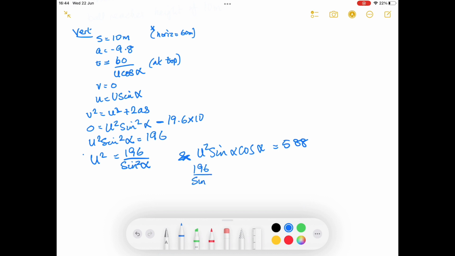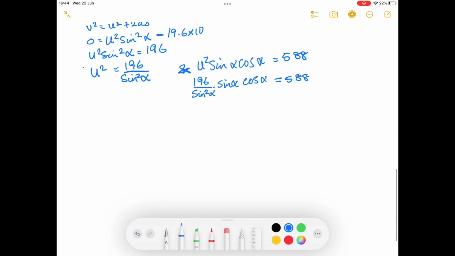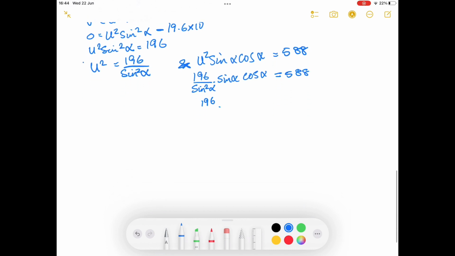So you plug in 196 over sine squared alpha for u squared, and you can see there are some things you can cancel out. So let's cancel out the sine alphas, and you're left with 196 over tan alpha, since cos alpha over sine alpha is tan alpha, equals 588. Okay, tan alpha equals 196 over 588, and then this will help find out what sine alpha is.